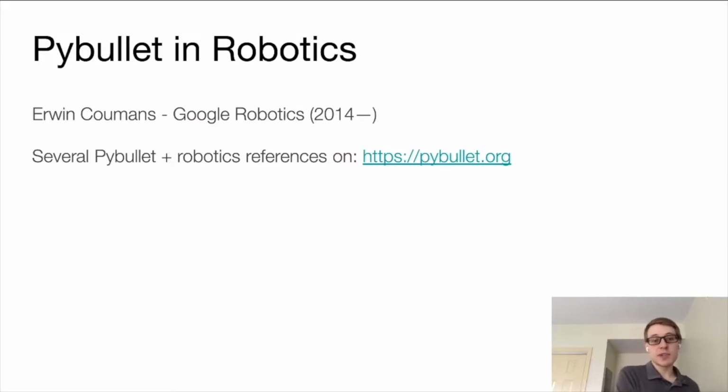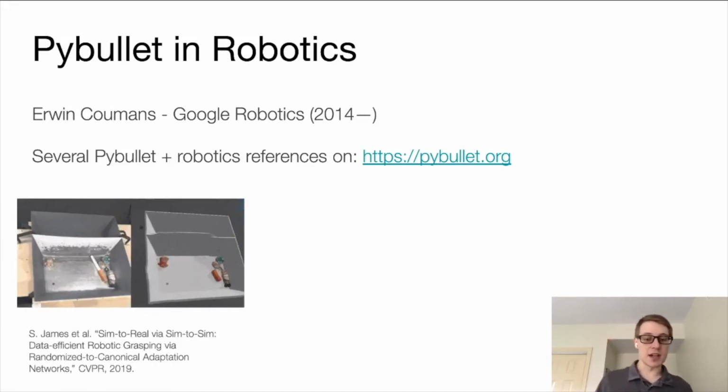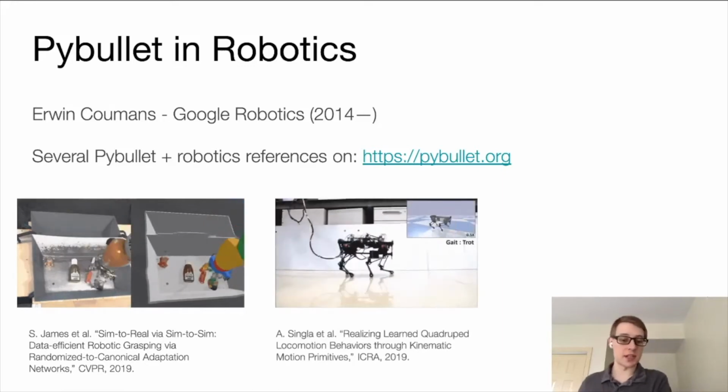Now, PyBullet, in the last 5 or 6 years, has been gaining interest in the field of robotics. In fact, the lead developer and creator of PyBullet, Erwin Coumans, is now working at Google Robotics, and he's been doing so since 2014. Since then, there have been a number of papers and research projects that have been leveraging PyBullet to train or simulate robots, and then what's learned in simulation is transferred over to real robots that perform real tasks.